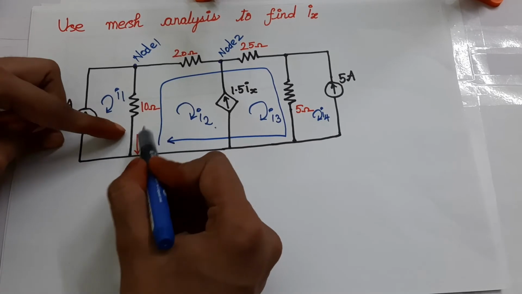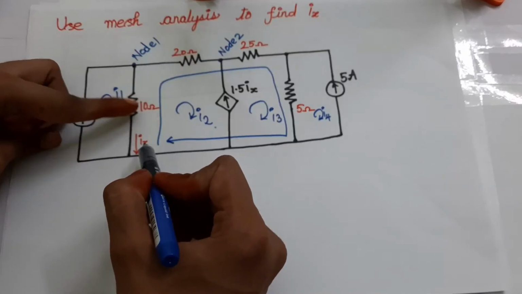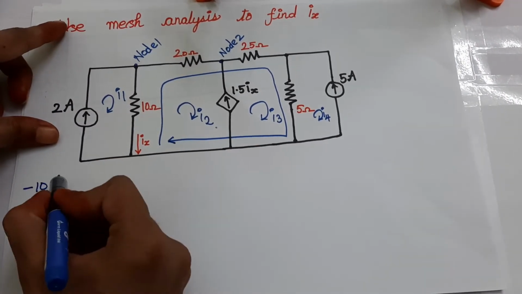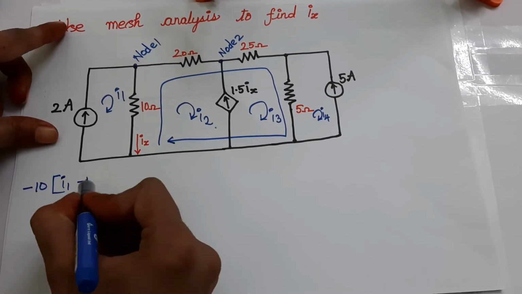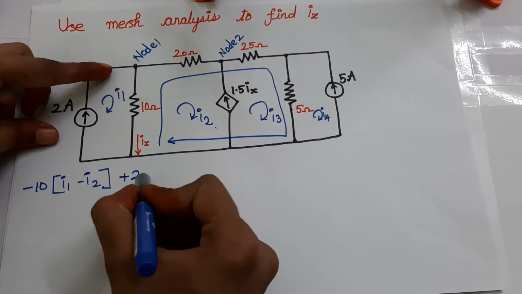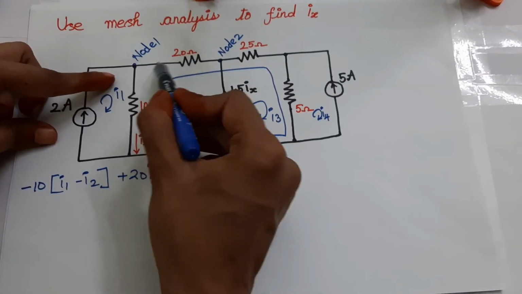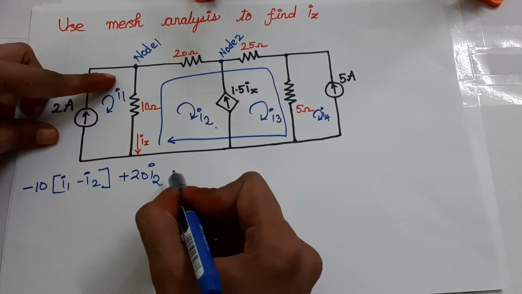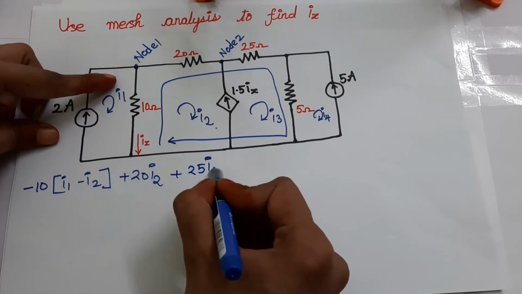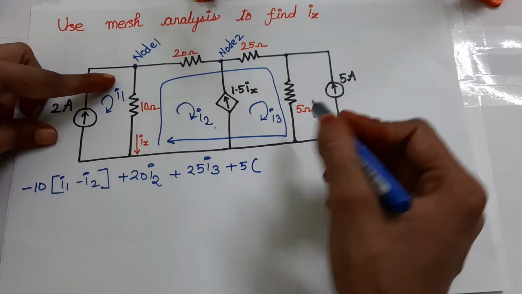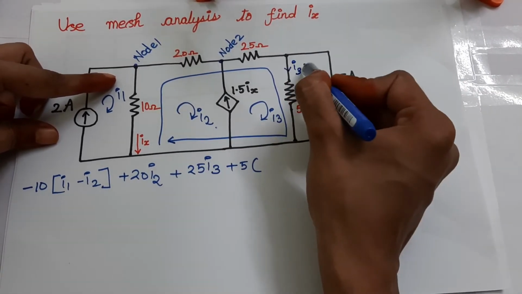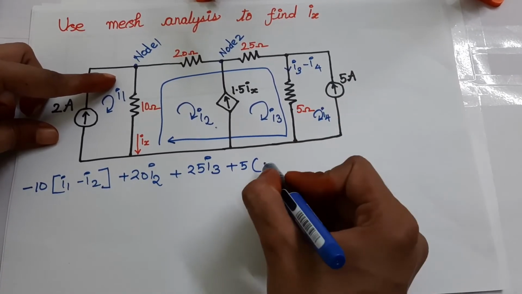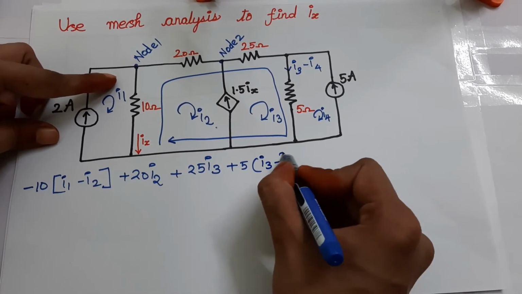Since the current Ix is opposing my considered direction, I have to take this voltage as minus 10 into (I1 minus I2), plus 20 I2, because I2 is the current that is entering into 20, and into 25, I3 is the current that is entering, so plus 25 I3, plus 5 into, considering the clockwise direction, I assume that I3 is greater than I4, so the current that is entering through 5 ohm will be 5 into (I3 minus I4).